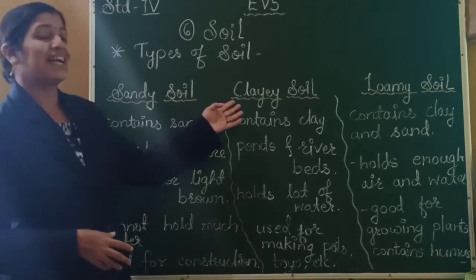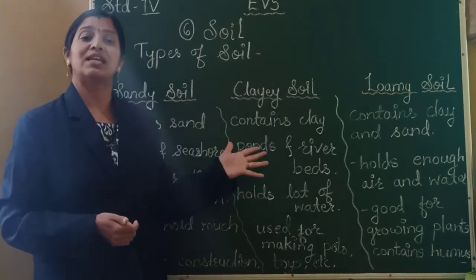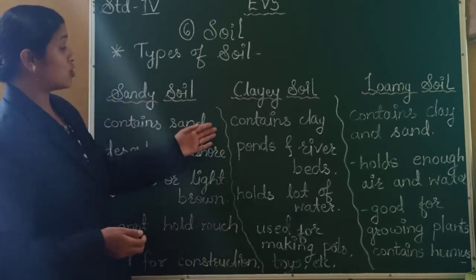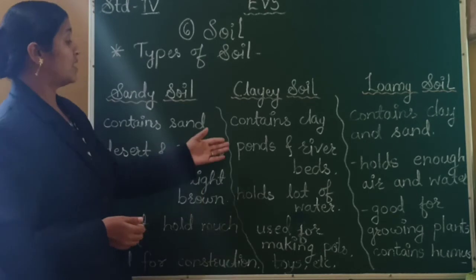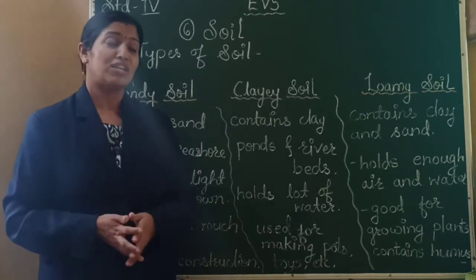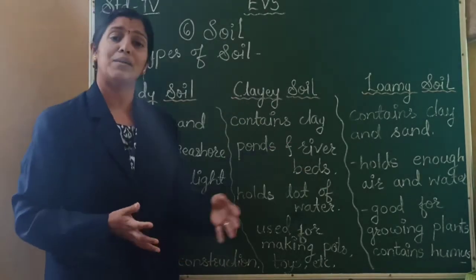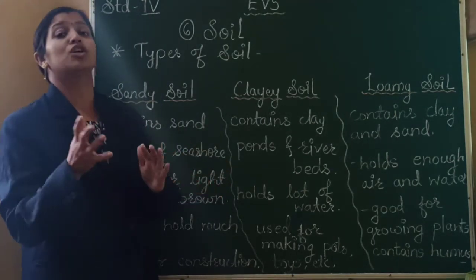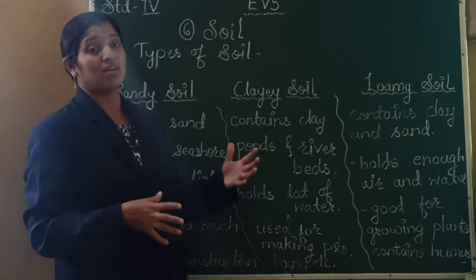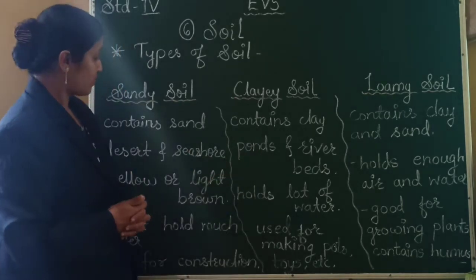The next is clayey soil. From the name we come to know that this soil contains a lot of clay, and this clayey soil is found near the ponds or the river beds. The areas which are near to the ponds, which are near to the rivers, have the clayey soil.